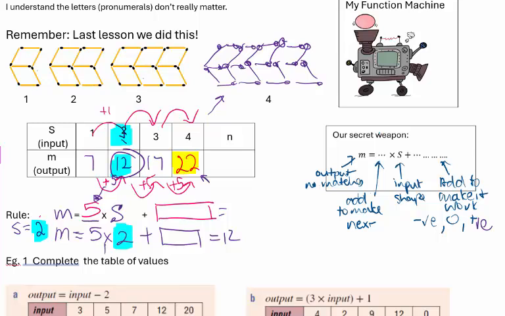So 5 times 2 is 10. 10 plus what equals 12? Well, look at that. It's going to be 2. So I need to add 2. So my rule, M equals 5S plus 2.